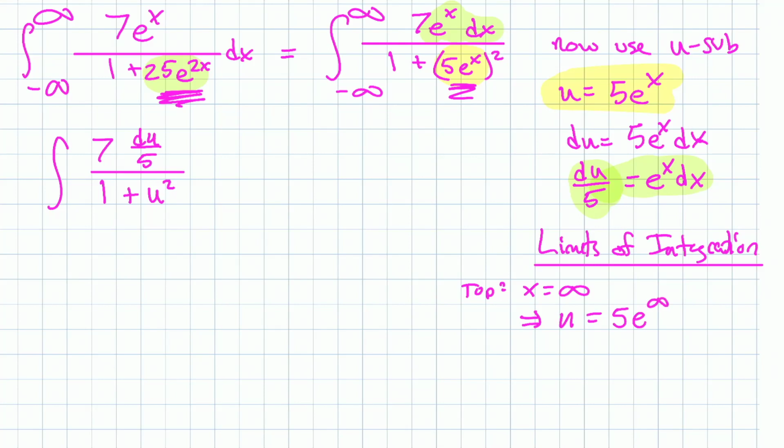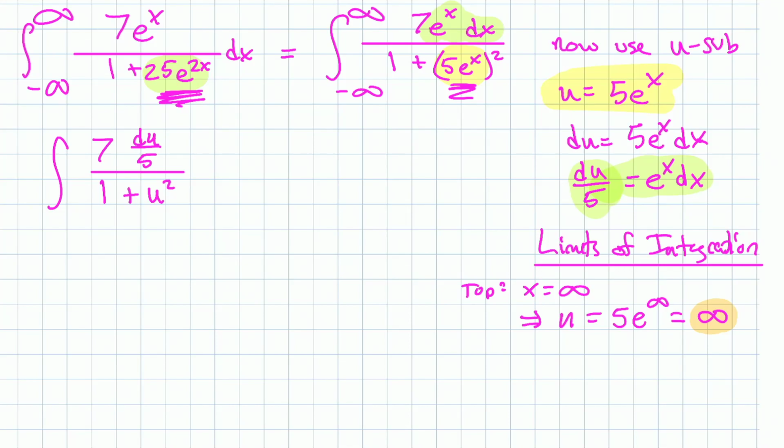Again, you're not supposed to write that, but I don't want to write a limit here. It's a waste of time. So x is infinity, u is 5e to the infinity. What's 5e to the infinity? Hopefully you can agree that it's infinity. So that's the top limit right there.